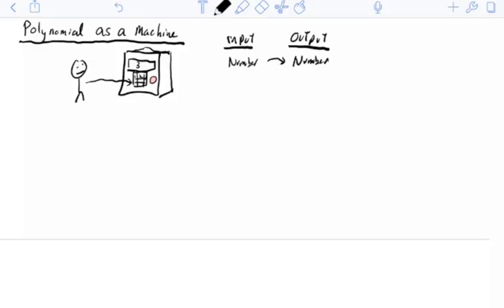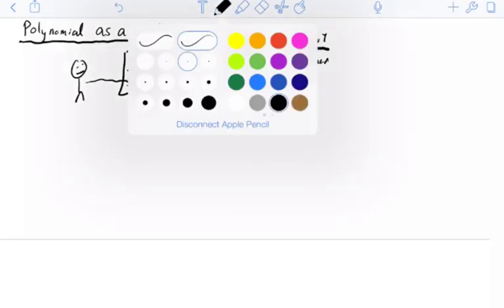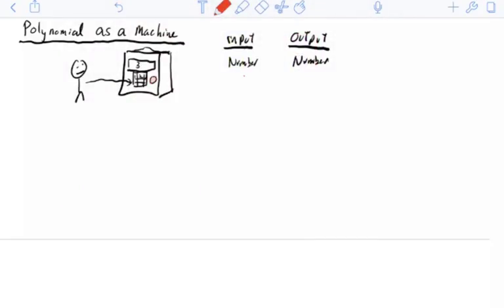Essentially, that's kind of what a polynomial does. A polynomial represents the relationship between these two numbers. You give the polynomial a number, x equals 2, and it spits out a number back at you, 7, which is meaningful in some way.